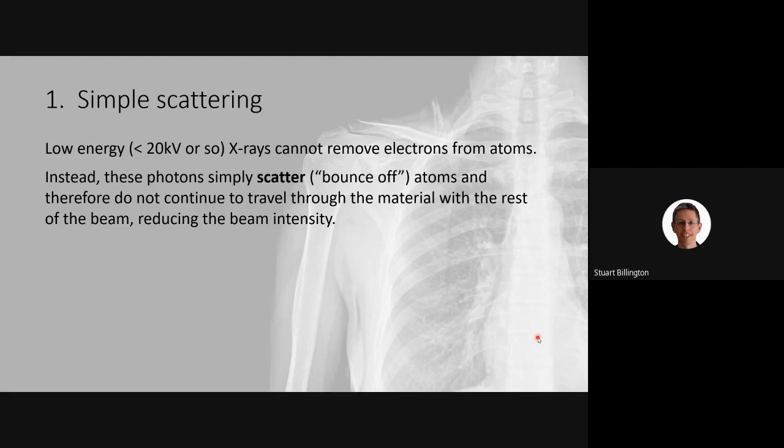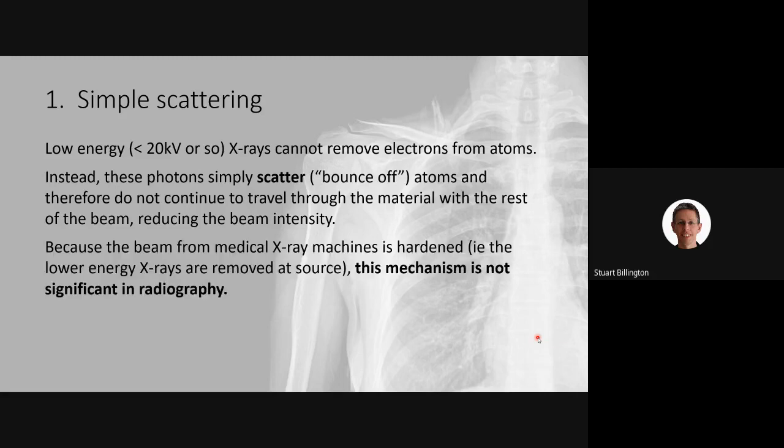Okay. Well, what you should be objecting to is that there are no low energy X-rays in the patient, because if we produced the X-ray machine properly, we will have hardened the beam and we will have removed all of the lower energy X-rays before they got anywhere near the patient.